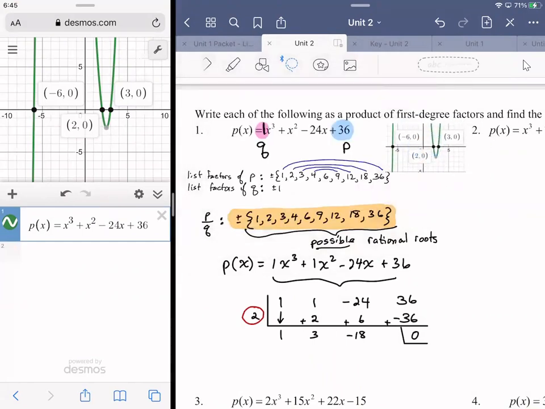There we go. Yeah, so you know going in what the roots are that are going to work. It's going to be the -6, the 2, and the 3. But then you look at this and say, well, how am I going to get the rest of the roots if I have to do it algebraically, if I got to show the work?